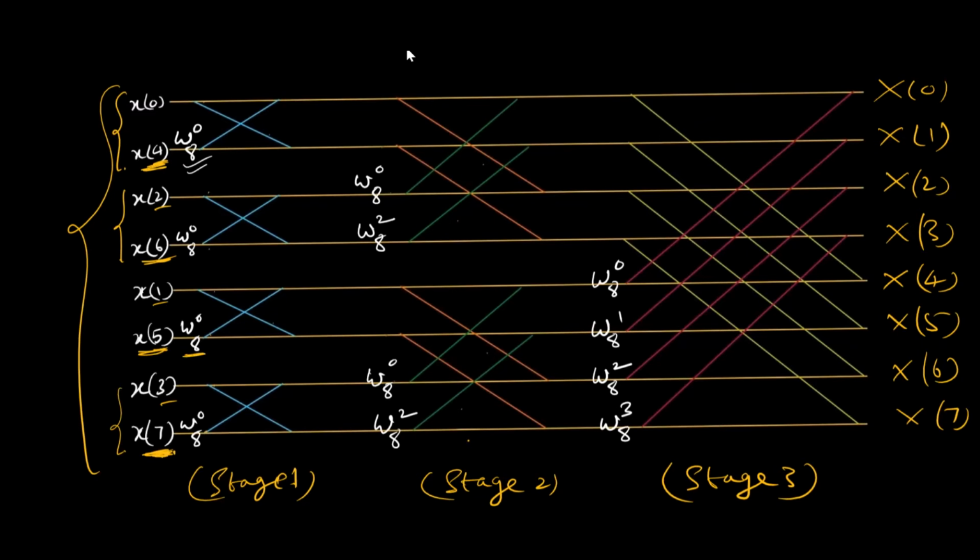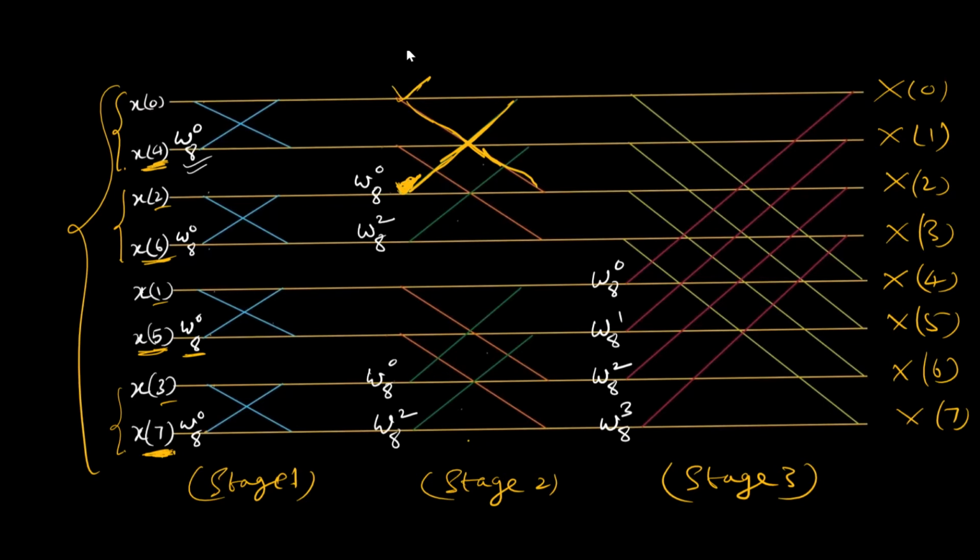Stage 1, these two samples are the upper samples. For this butterfly, if you consider, this is the first sample and this is the second sample, not this one, this one. So your Twiddle factor will get multiplied with this sample only.